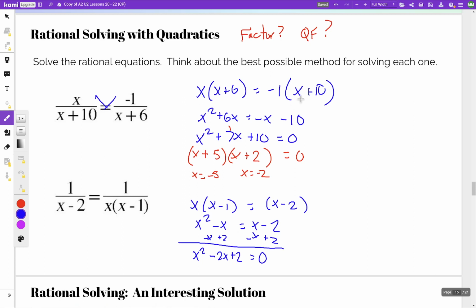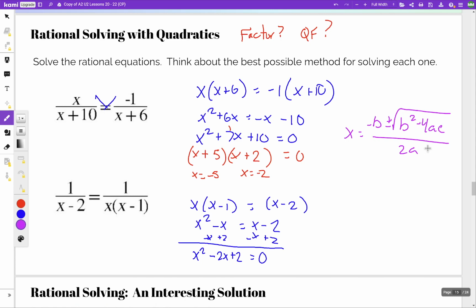Okay, can I factor this? 2 times 1 is not going to give us anything close to this. So it doesn't factor. We'll have to use the quadratic formula. All right, I wasn't going to do this before, but let's just go ahead and do it now. Okay, so x equals opposite b plus or minus square root b squared minus 4ac, all over 2a.